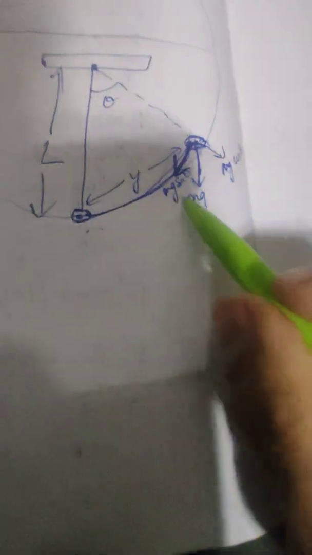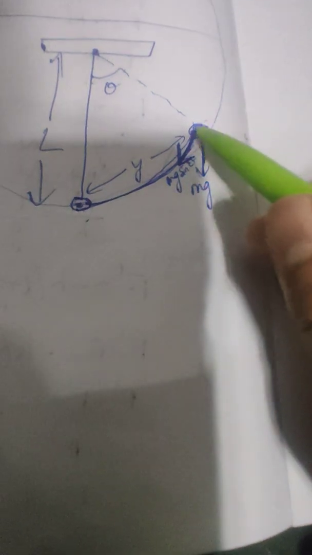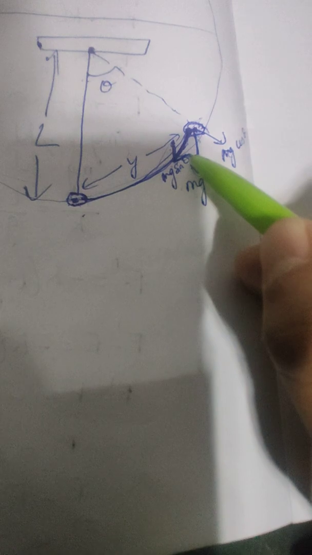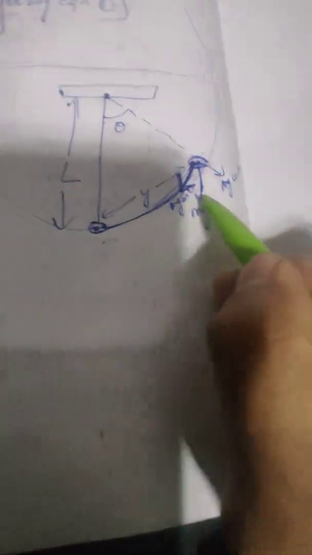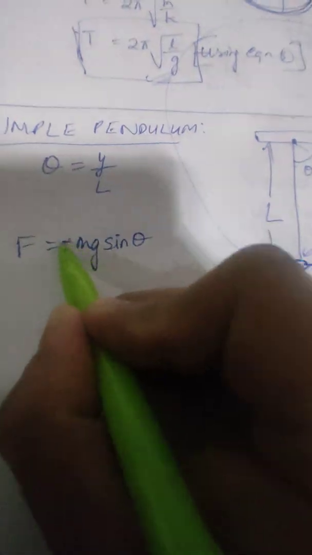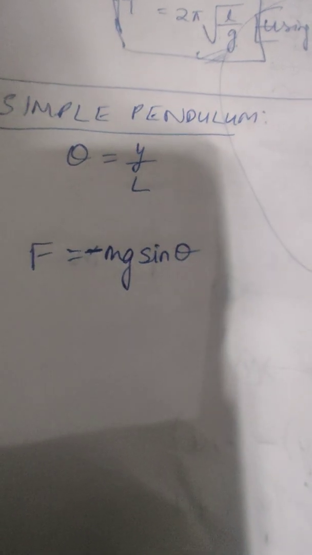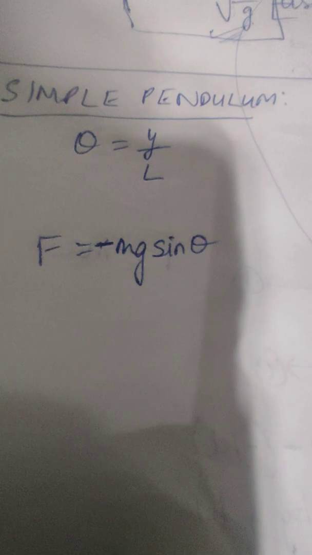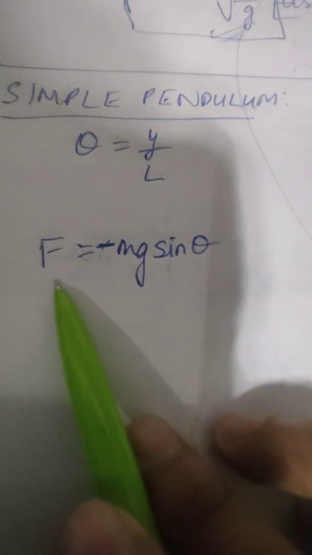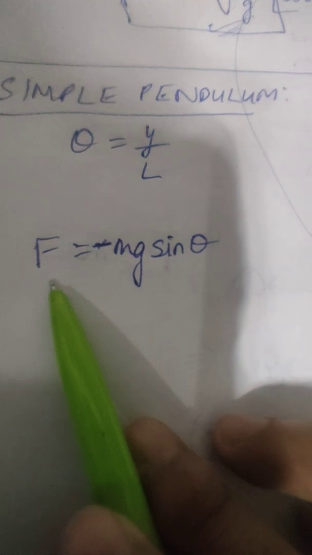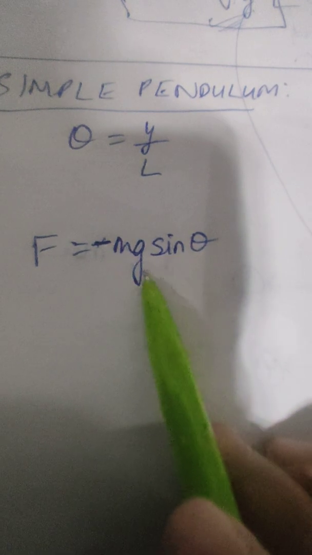But actually the pendulum will be moving in this direction, and mg sin theta is along this direction. If you look at my arrow, it is in the opposite direction. So this component is opposite to the motion of the bob, so it will be negative: minus mg sin theta. The negative sign indicates that the restoring force on the bob is in the opposite direction of the angular displacement.